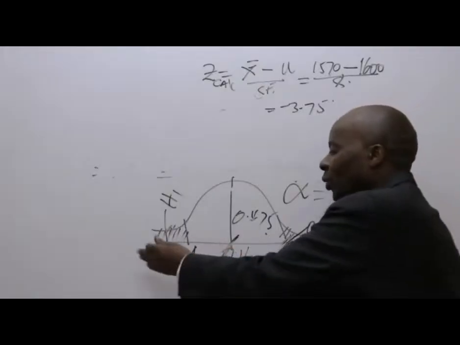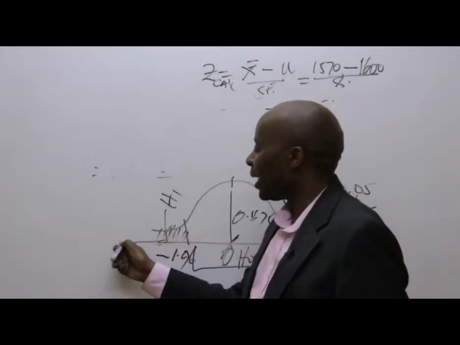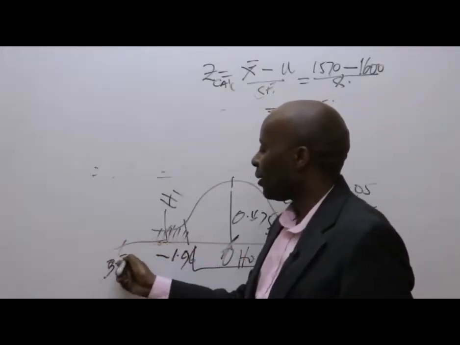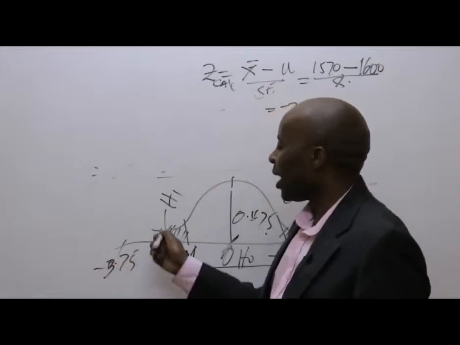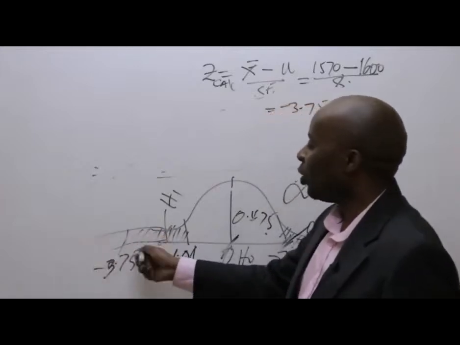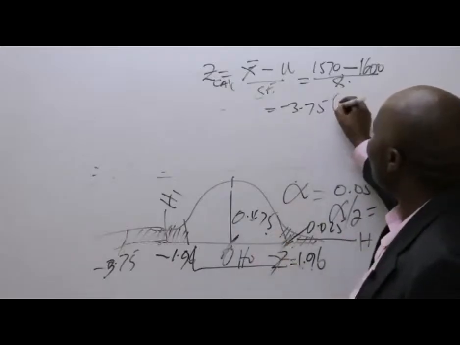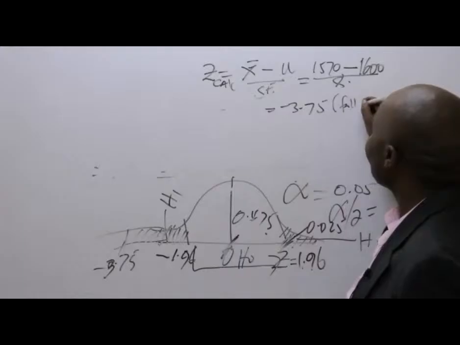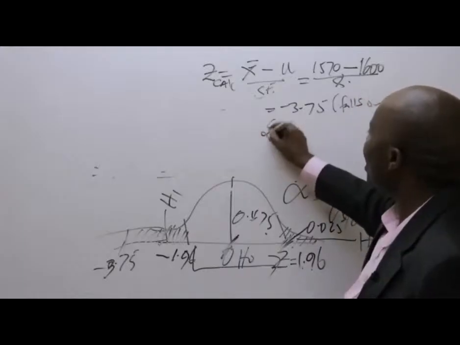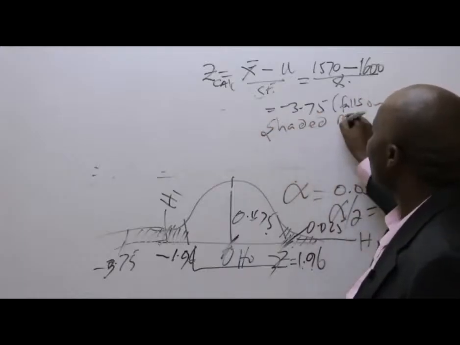As I go that way, minus 3.75 will fall here. And if it falls there, we can see that this falls on a shaded area.